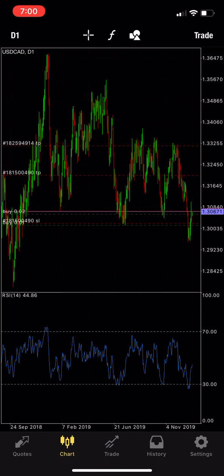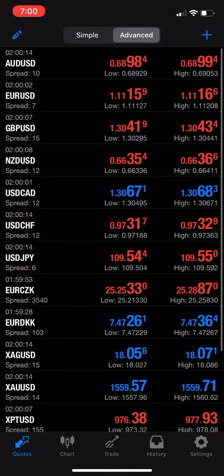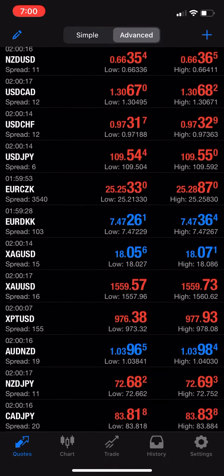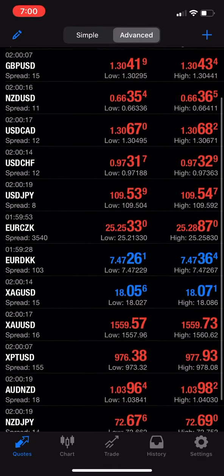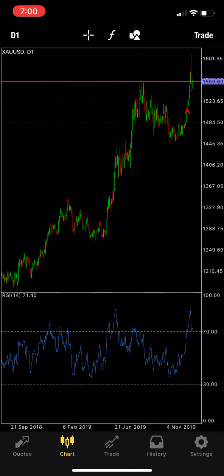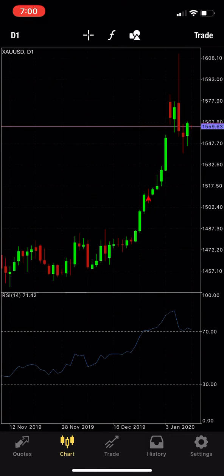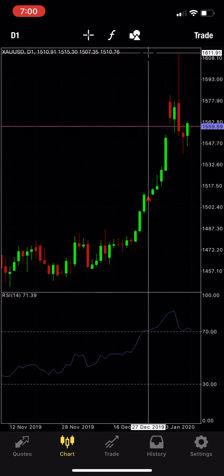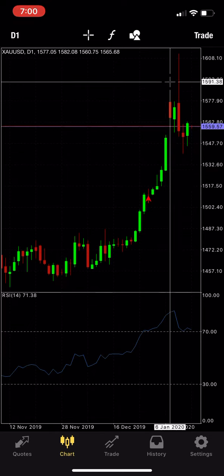So this week we're planning to trade gold. This is gold right here. I was planning to sell the gold right here when it went all the way up. I was going to sell it all the way up here, but at that time I wasn't in the market.